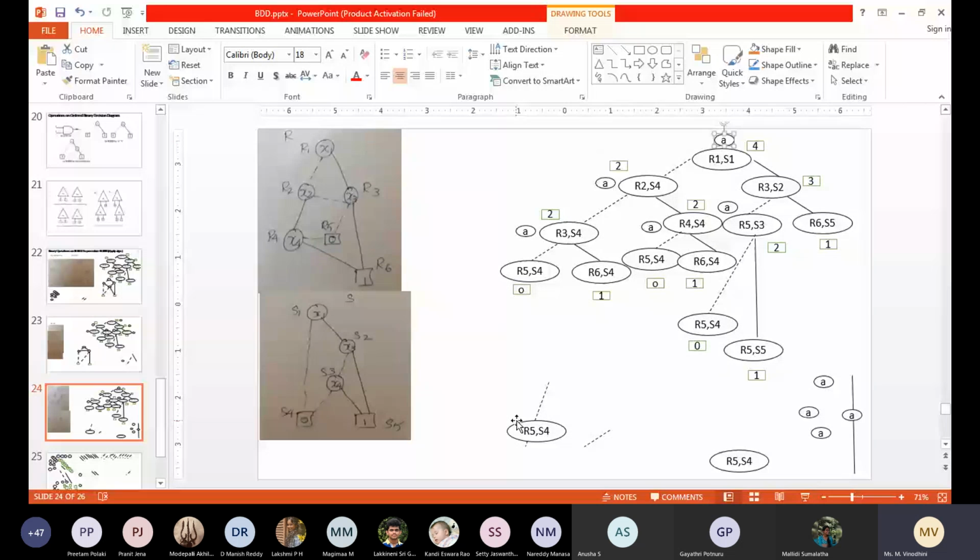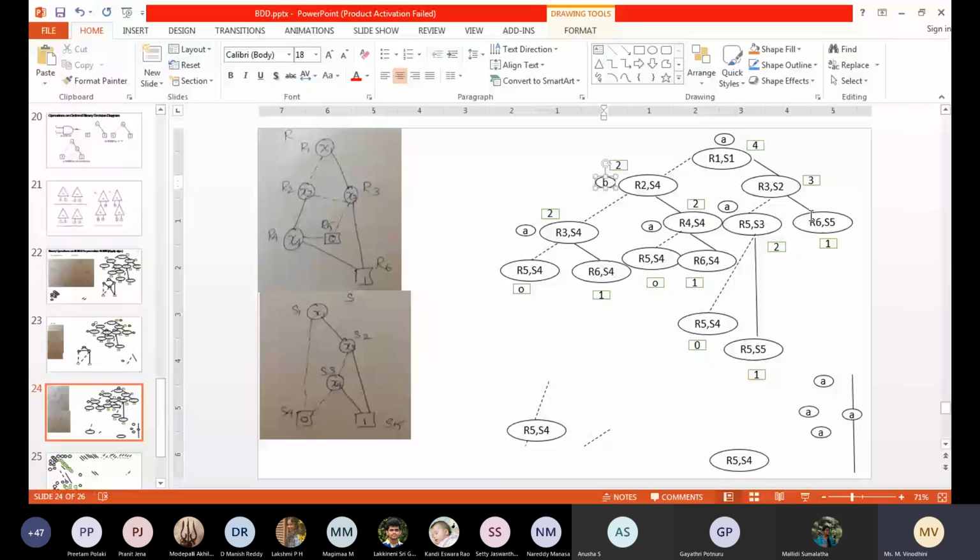So this will be A and this will be B. These two are in the same level, so I'm assigning B. Next, this one will be C, and this one also C. I'm not going to assign a variable for this because this is the leaf node, the last one. Similarly, this one, I'm not going to assign a variable. So I have to draw a diagram.